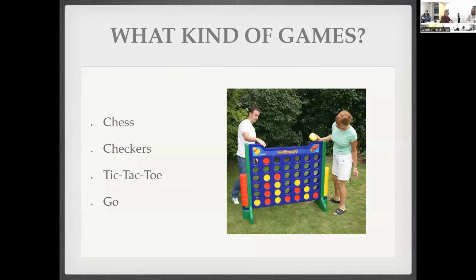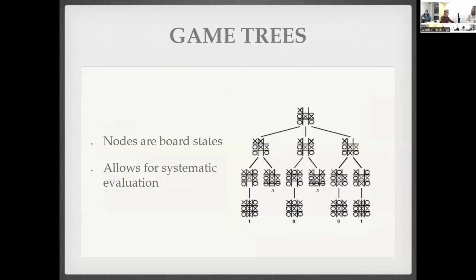So how do we get a computer to analyze and play these games? Conceptually, we develop a map of the possible future states of the game and identify the best possible move to make based on that look into what the future can hold. So here we have a game tree, and mathematicians use game tree diagrams to visualize this analysis.